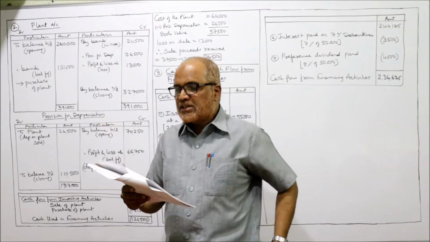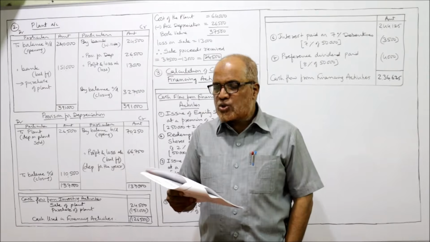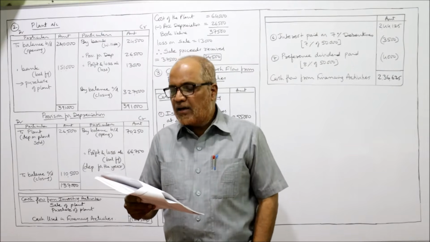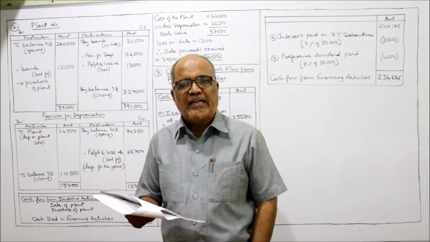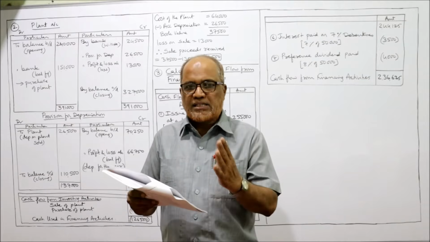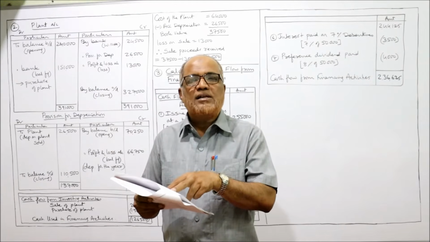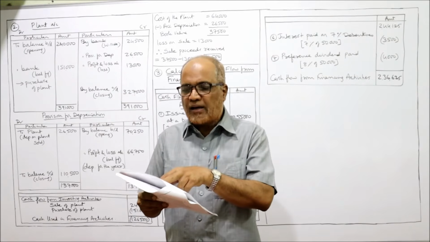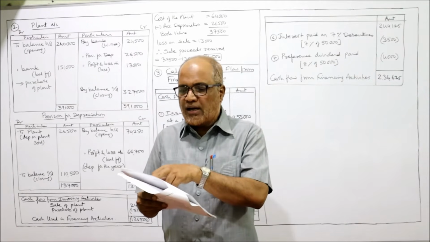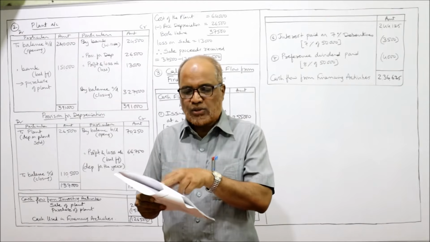So what information is given? 31st March 2016 last year and 31st March 2017 current year. Plant is a fixed asset. The value of plant last year 2,40,000, current year 3,27,000.